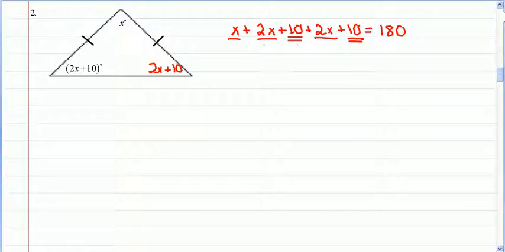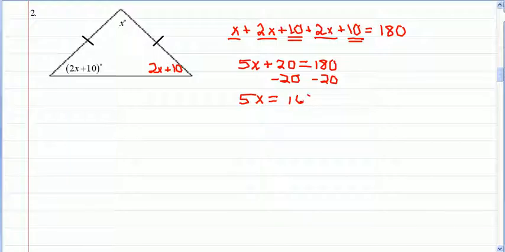So we have x plus 2x plus 2x is 5x plus 20 equals 180, and then subtract 20 from both sides so that we get 5x is equal to 160. Divide both sides by 5, and we get x is equal to 32.